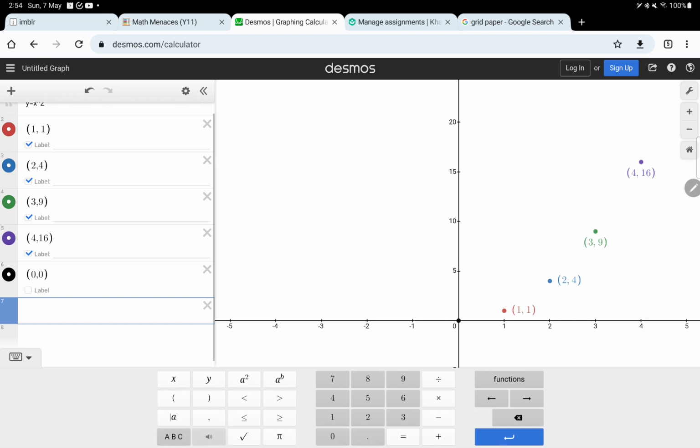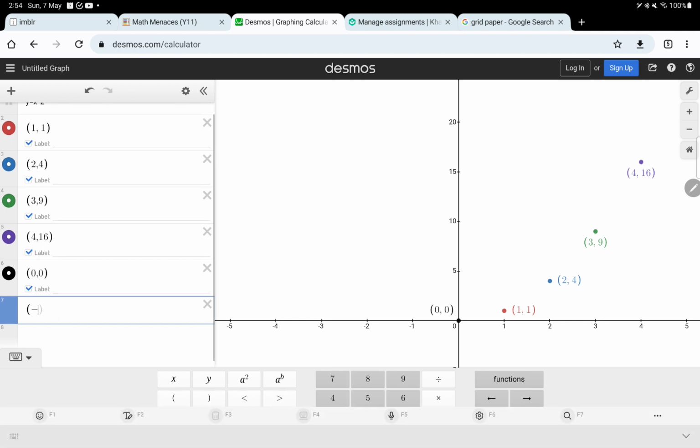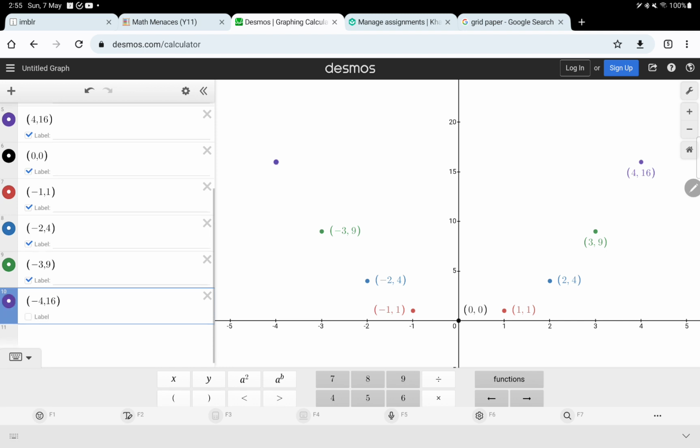When x is -1, what's y? No, positive 1, just 1, because when you square a negative, you just get a positive. When x is -2, y is 4. You see where I'm going with this? I'll plot the next few points in: -3, 9, and the last one, -4, 16.